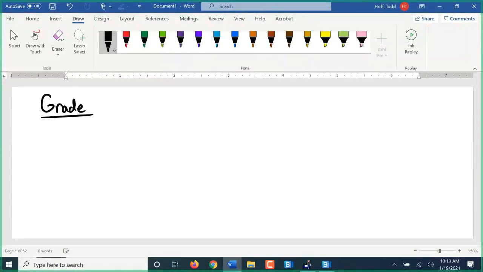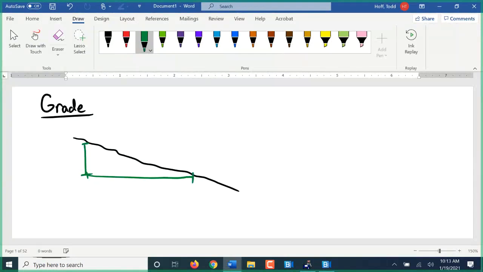Grade is an important ratio in construction. Grade is dealing with how steep the incline of land is, the slope of the land. Grade compares the rise of the land to the run.